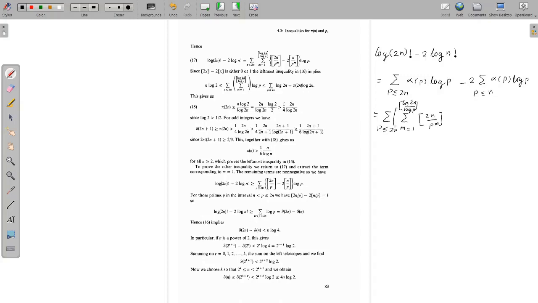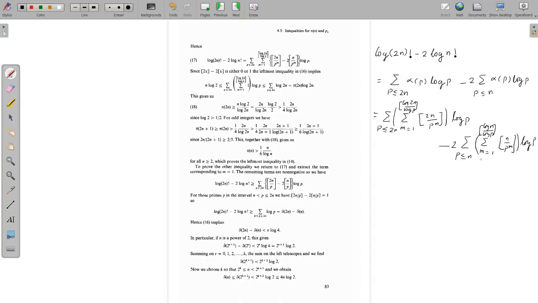This is the alpha of p in the first term, times log p. In the second term we have 2 times summation p less than or equal to n, where alpha of p is summation m equal to 1 to log n by log p of the integral part of n by p raised to m, times log p. So this is the difference of these two terms.